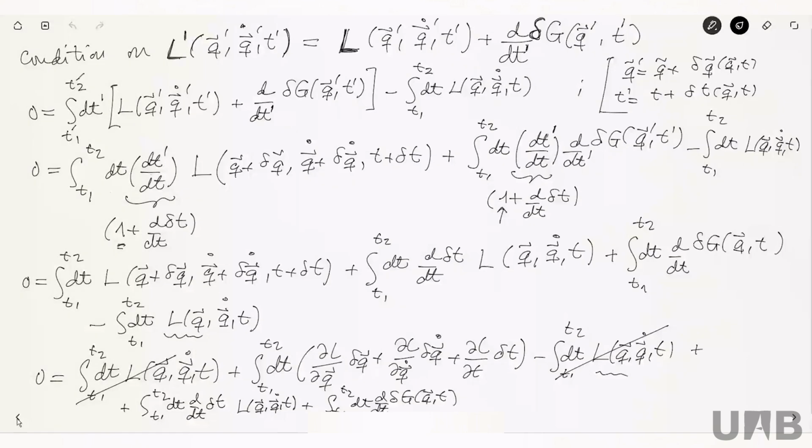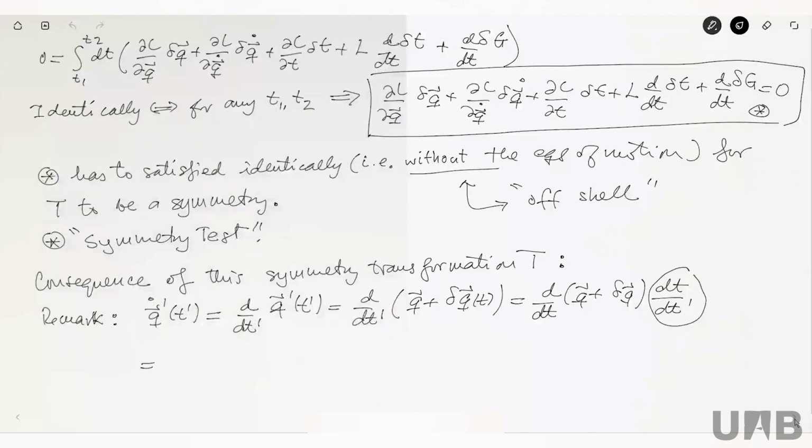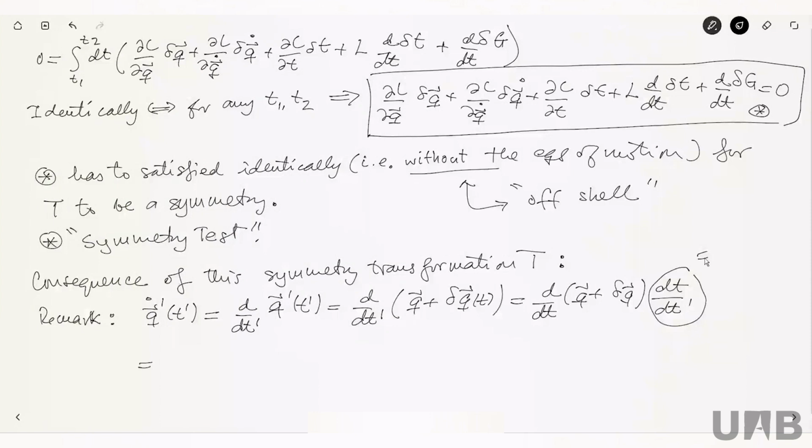And here it is. You take the derivative of T with respect to T prime, right? This is nothing but 1 divided by 1 plus the derivative with respect to T of delta T. That's exactly what it is, okay? But since this is already of order epsilon, I can expand.